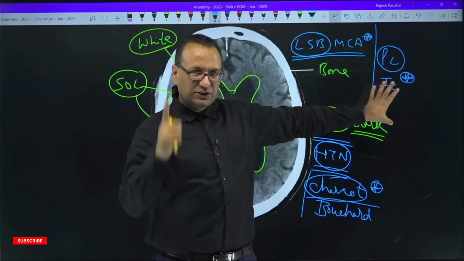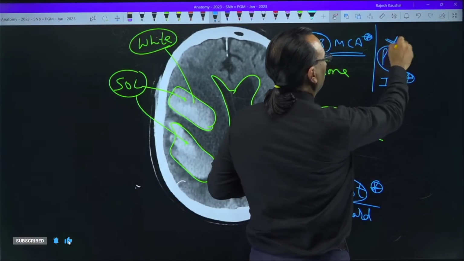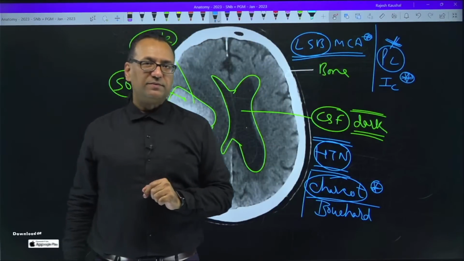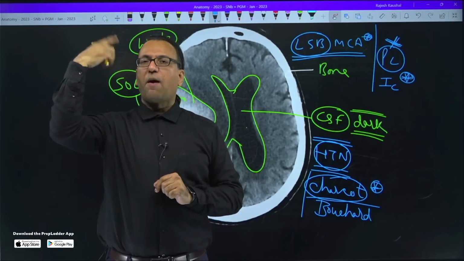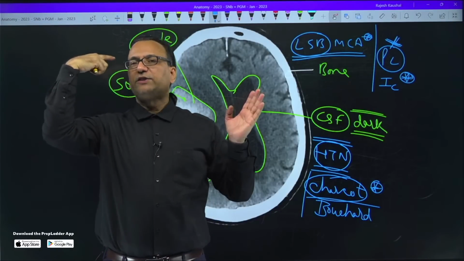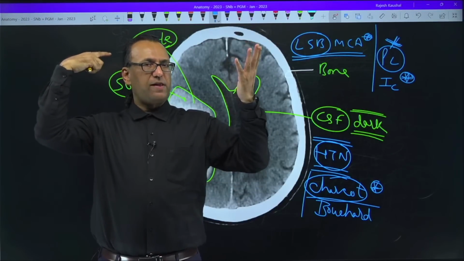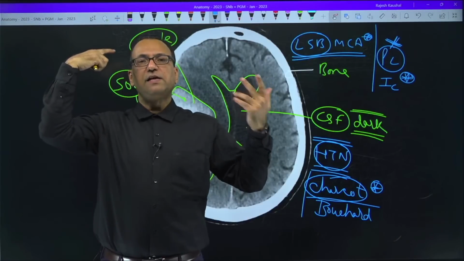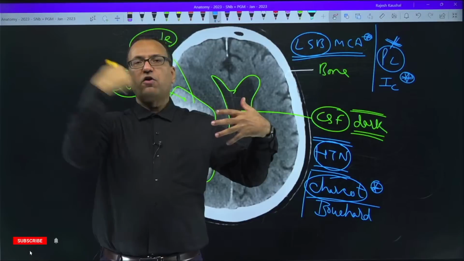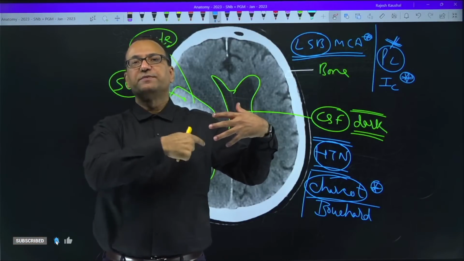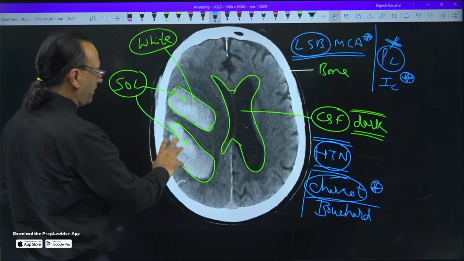So if one-sided posterior limb of internal capsule has been compromised, there will be contralateral problems. If it is the right-sided posterior limb compromised, the problem will be on the left side. Upper limb will have spastic palsy, lower limb will have spastic palsy, and there will be loss of sensations on this side, contralateral hemiplegia and hemiparesis. So these are some of the clinical implications which we are talking about.